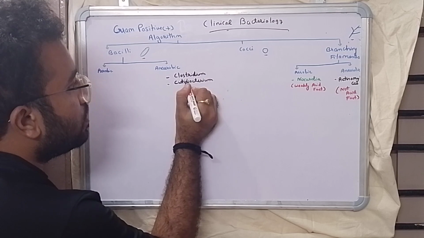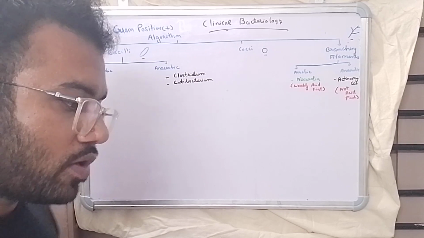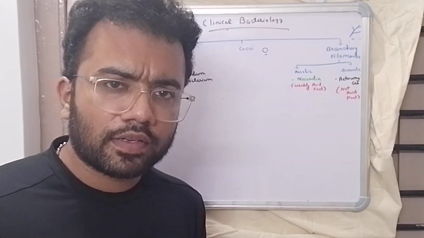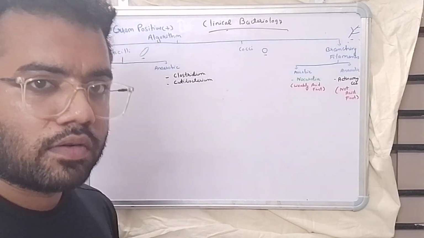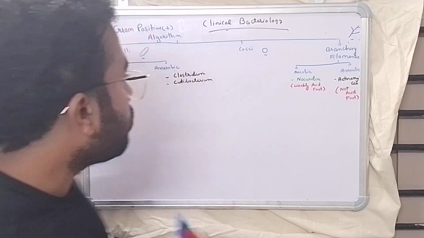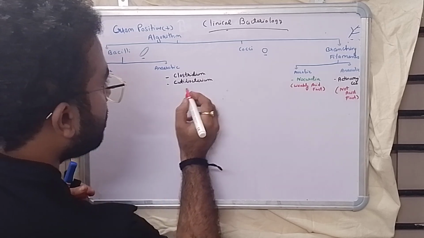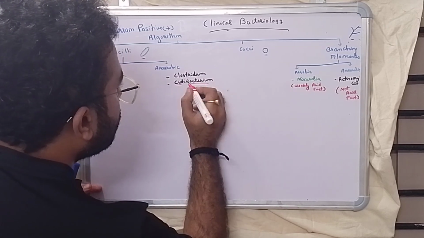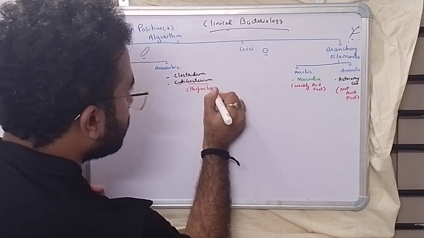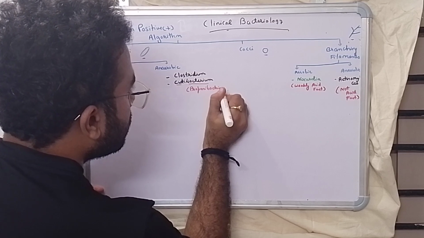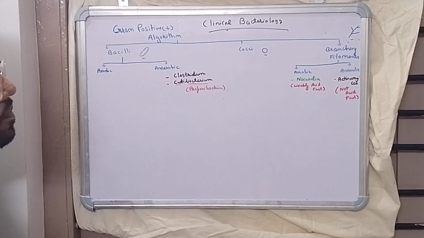Cutibacterium has a previous name, Propionibacterium. My pronunciation is not good, please bear with me, but I am giving the exact name. I will write it in red. So Cutibacterium, or Propionibacterium. Okay, so it's Clostridium and Cutibacterium.